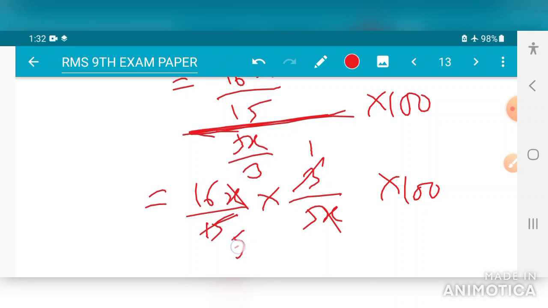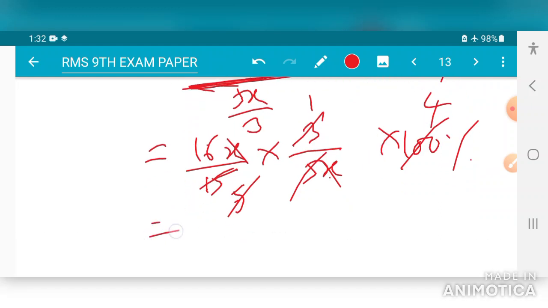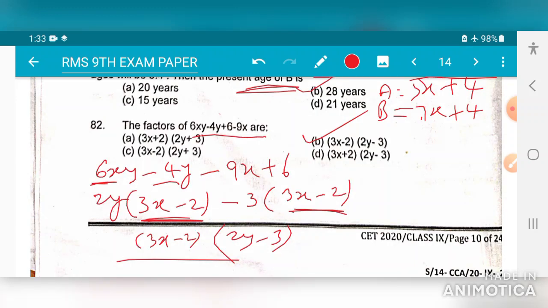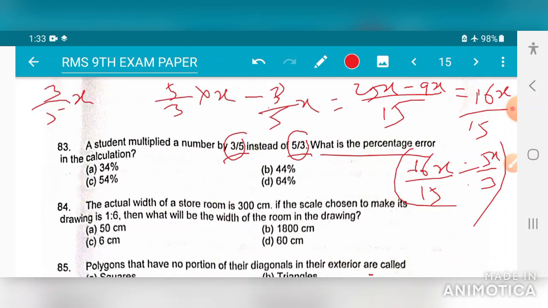Next, 5 times 5 is 25, and 25 times 4 is 100, which gets cancelled. The remaining part is 16. This is the percentage: 16 times 4 is 64%. So the answer is 64%.